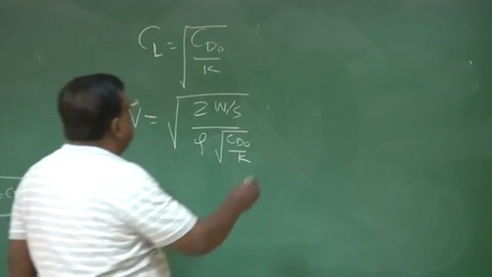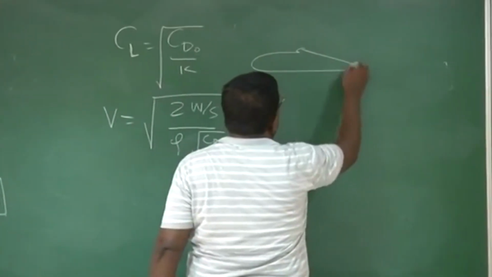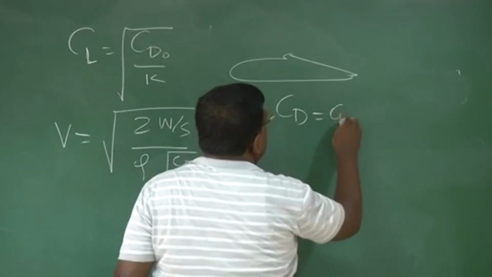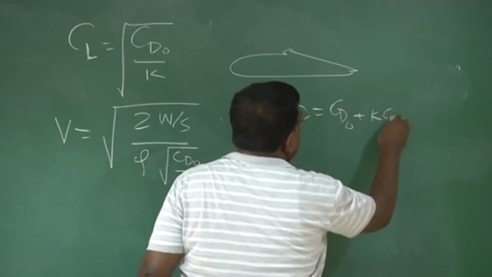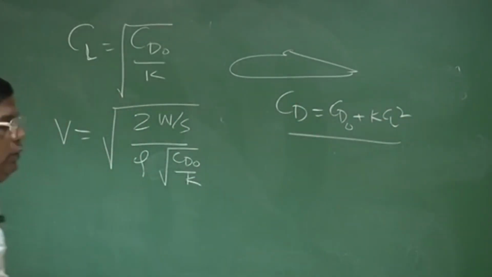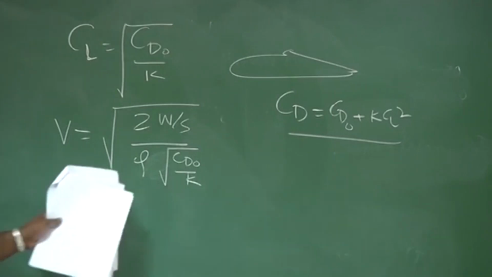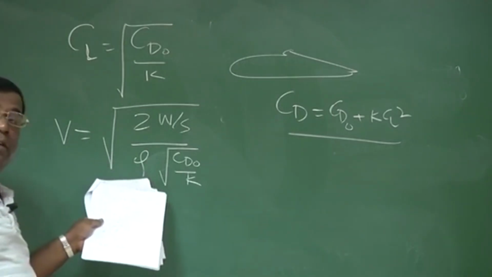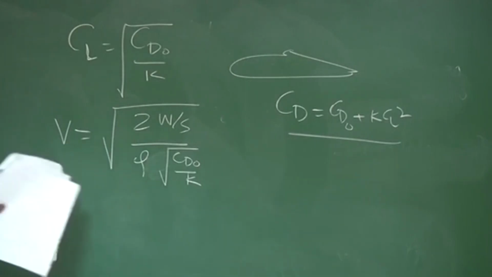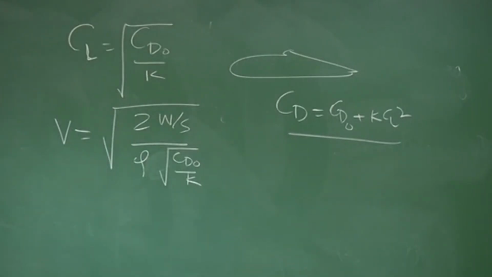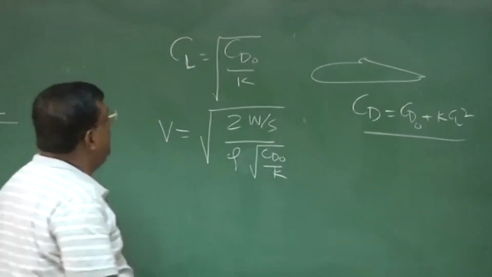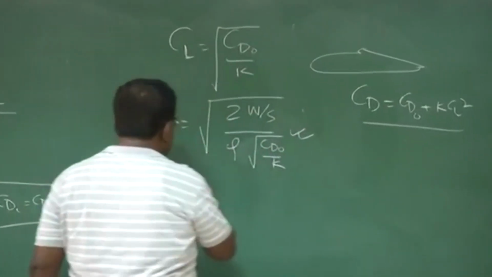For a given airplane, any airplane which will be flying, you will be knowing CD equal to CD naught plus K CL square. This drag polar will be known to you. You know the value of K, you know the value of CD naught, you know the weight, you know the wing area, and at what altitude you are flying, density also you know. So you actually know that to fly at that altitude for thrust required minimum, I must fly at this speed V. Okay? So this will tell you what is the V the pilot will need to fly.